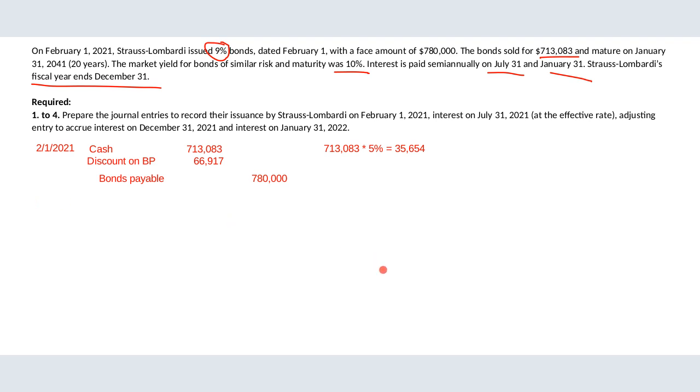Could someone confirm that really quick? That's July 31st, 21. Yes, I agree. Thank you.